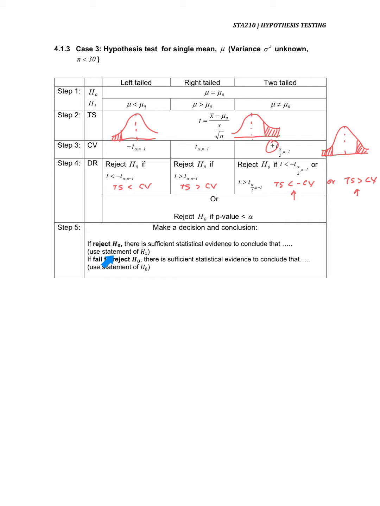So that's why we use statement of H1. But if we fail to reject H naught, maksudnya kita tak tolak H naught tu, kita accept H naught tu. So there is sufficient statistical evidence to conclude, guna statement H naught. H naught kita apa? Mu equals to mu naught. Tulis balik sahaja.